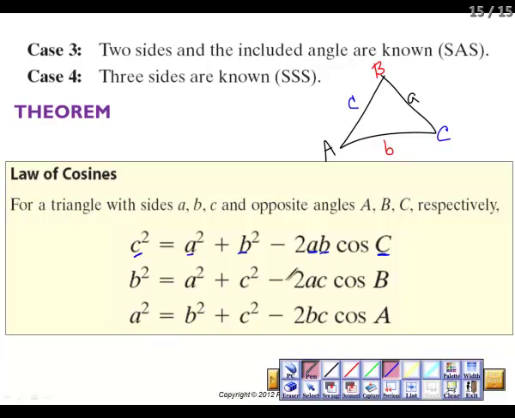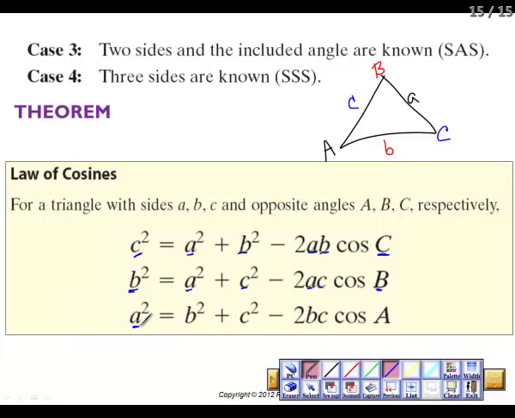Okay, so these others are basically the same as the first one. Here we have b squared, so that means the other two, a and c, are going to be on the other side, a squared and c squared minus 2 times a and c. And here's angle b, and here's side b on the other side of the equal sign.